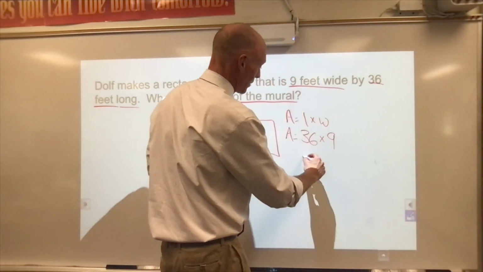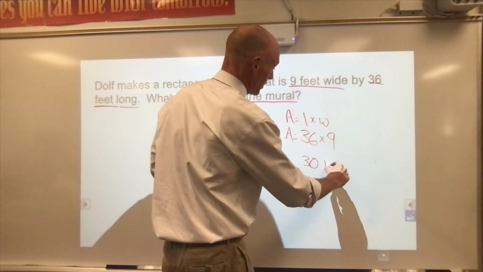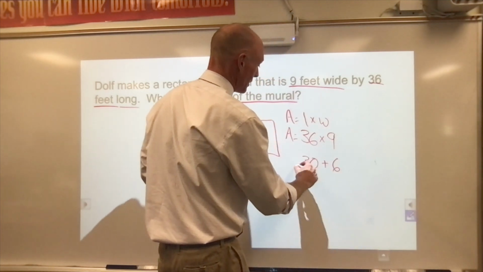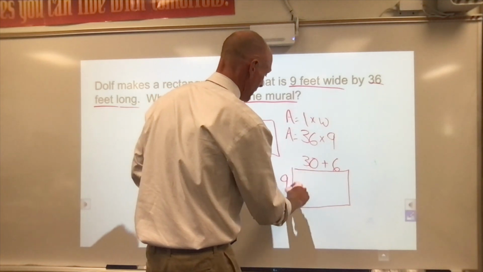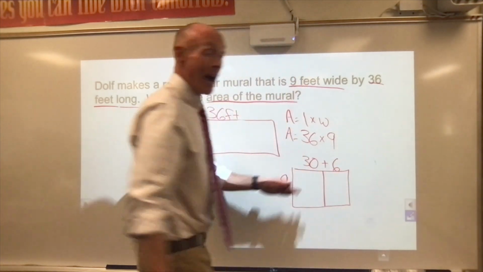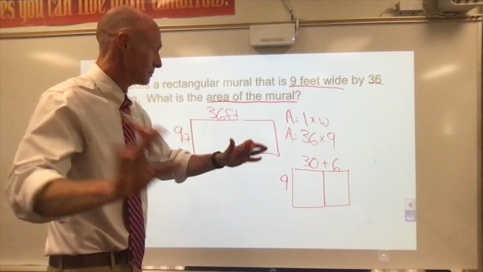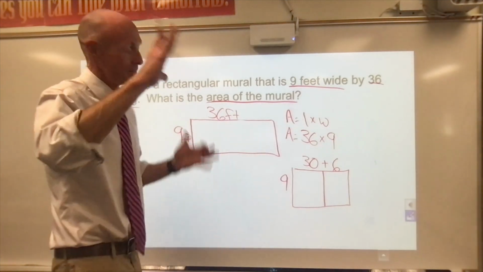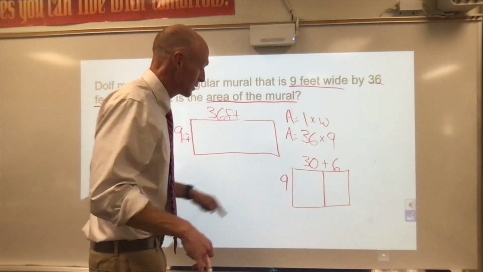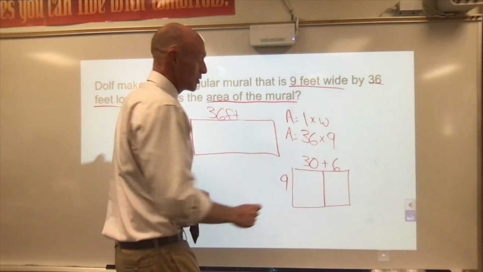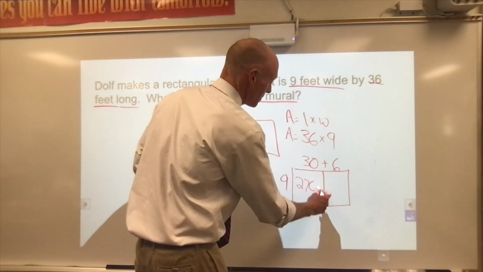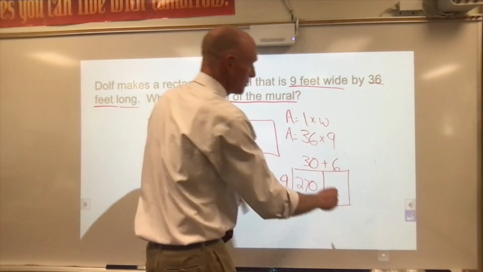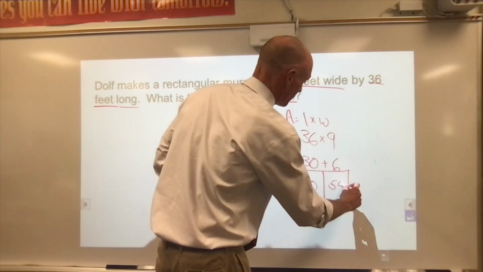We're going to take our 30 plus our 6. I'm using the area model because we're working with area. You can use whatever technique you want to use. I'm going to go 9 times 3 is 27 plus that 0. And then I'm going to go 9 times 6 is 54.